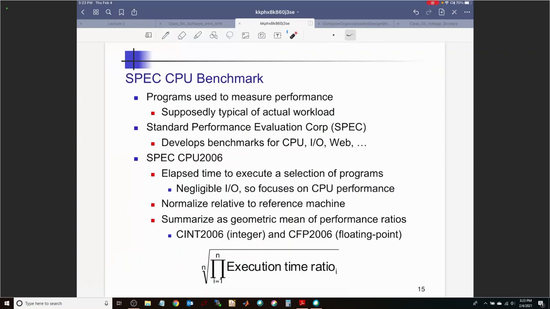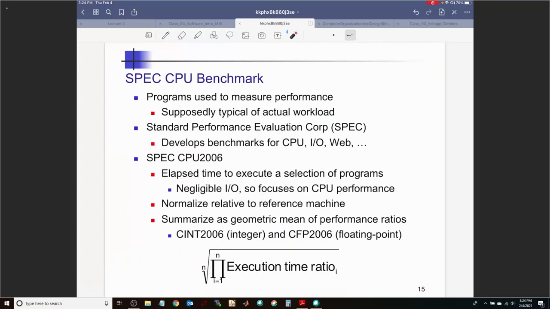SPEC actually stands for Standard Performance Evaluation Corporation, right? So this is something that computer manufacturers subscribe to, essentially to get the standard workload or bunch of benchmarks. They would run it on their computer and provide the execution times or SPEC ratio.